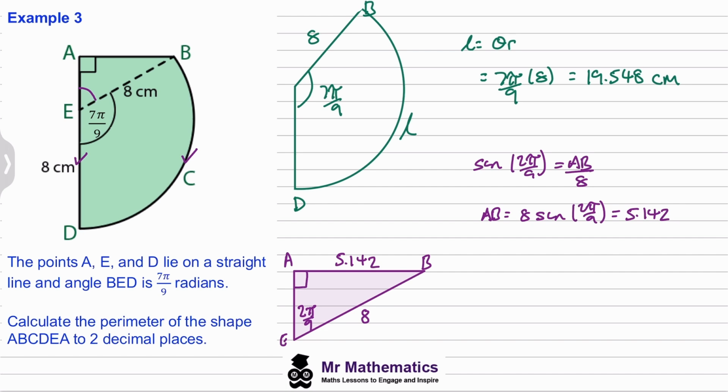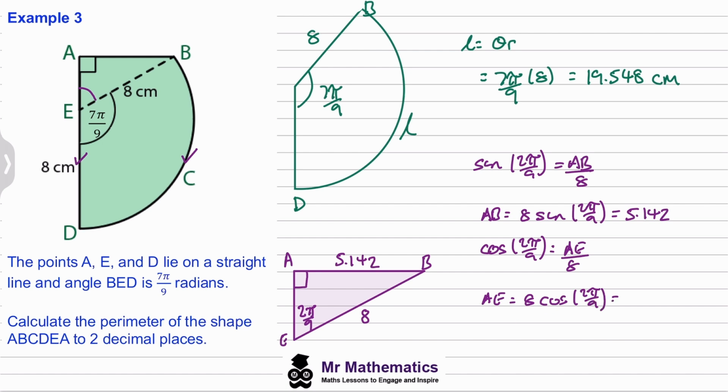So then we can use the cosine to work out A to E. This will be the adjacent length. So the cos of 2 pi over 9 will be A to E divided by the hypotenuse. So A to E will be 8 cos of that angle.